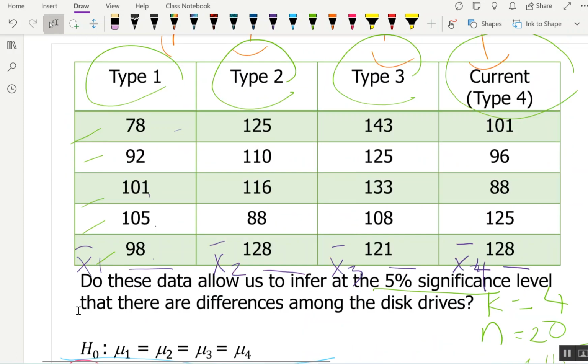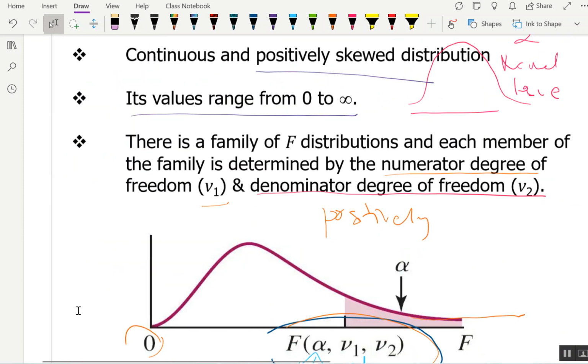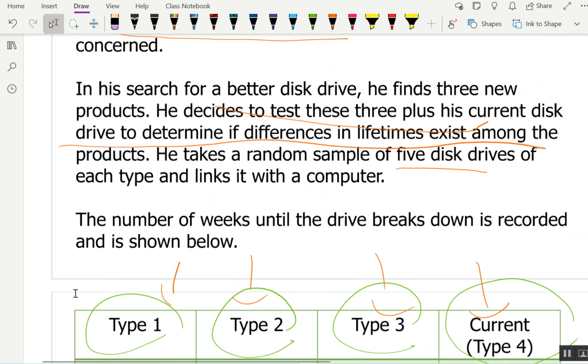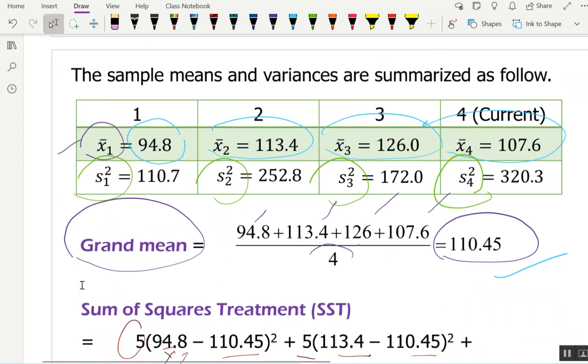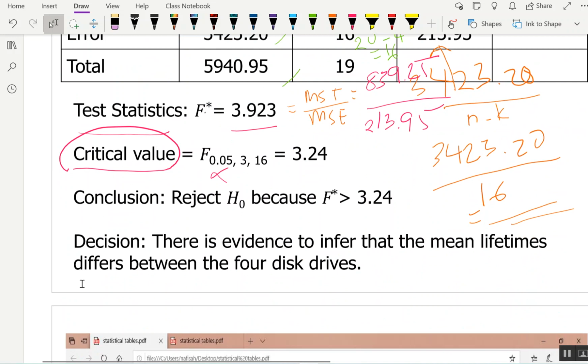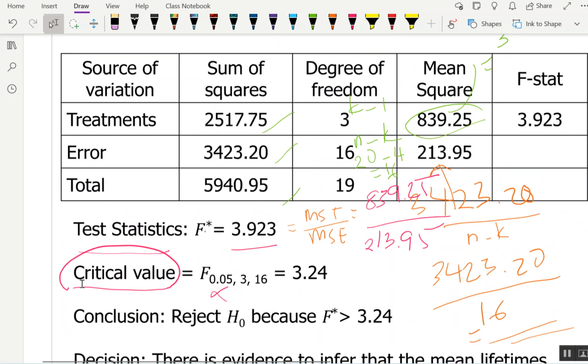Look back here, we get it from your SST and SSE. The numerator is the one that you get from the MST, so you get 3, because this is the degree of freedom. And the denominator you get from n minus k, from your MSE here, so you get 16. Fine, then you read from the table.